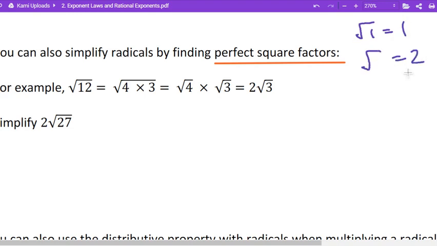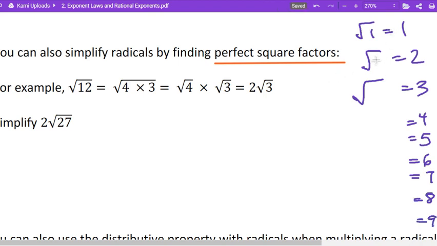Square root of what equals 2? Square root of what equals 3? Okay, write this down if this is not automatic. So what's the square root of what gives you 2? 4. 9. 16. 25. Beautiful. 36. 49.